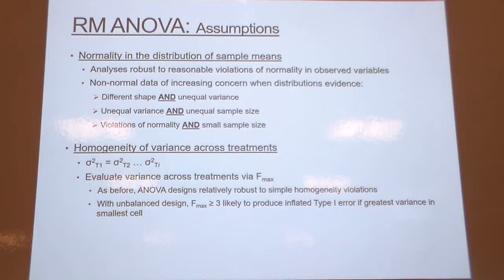But as long as I anticipate skewed data and try to get reasonably sized cells for our means-based analyses, that addresses a lot of what we've got going on. Okay? So we can have non-normality in our observed data.